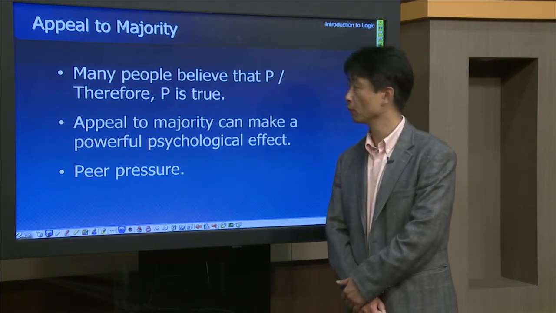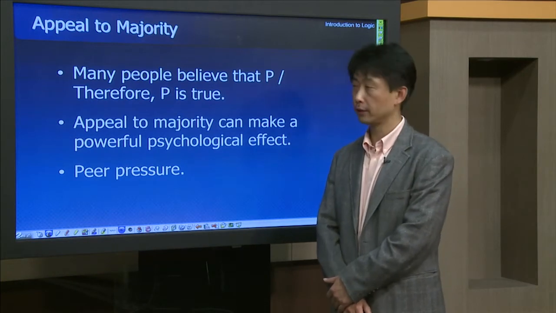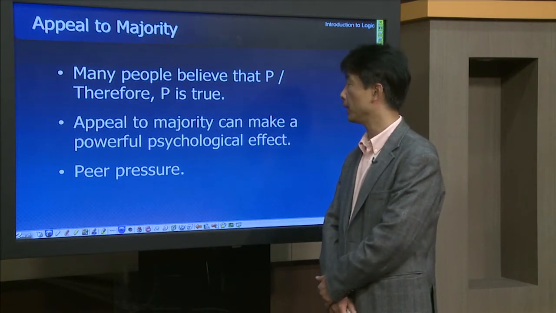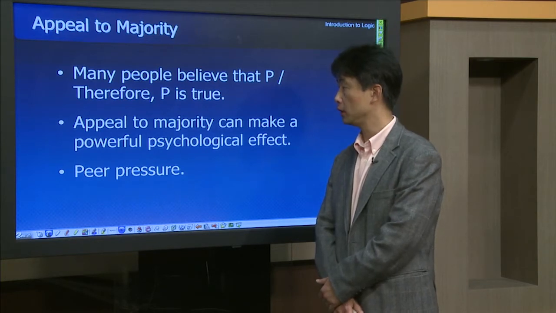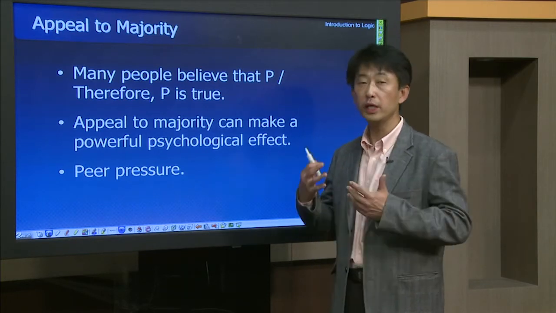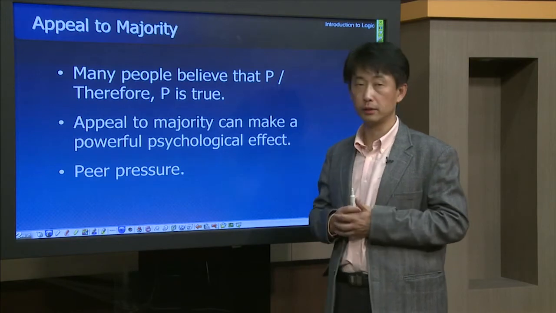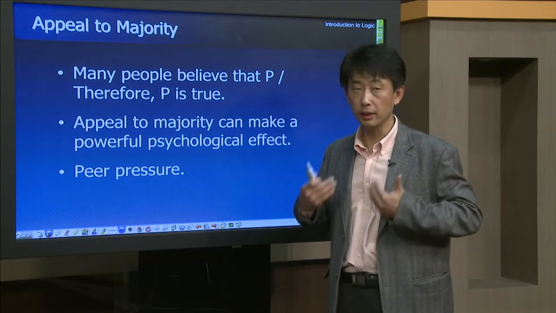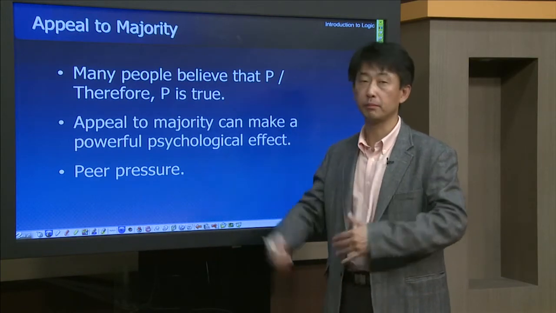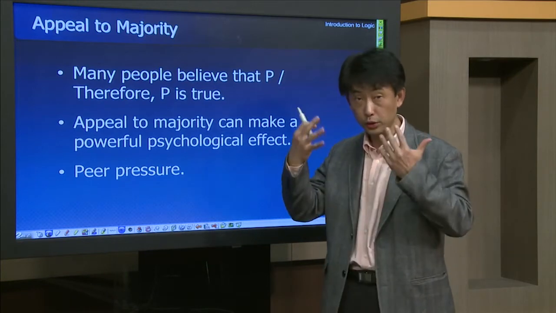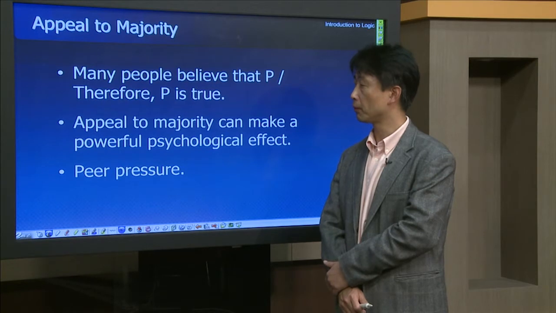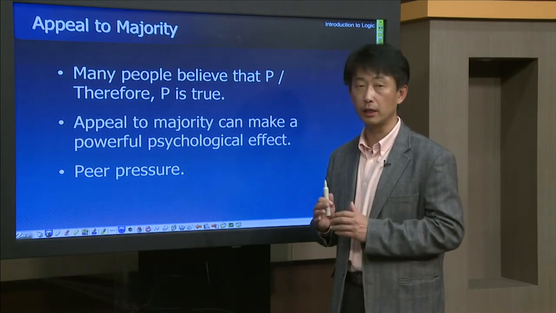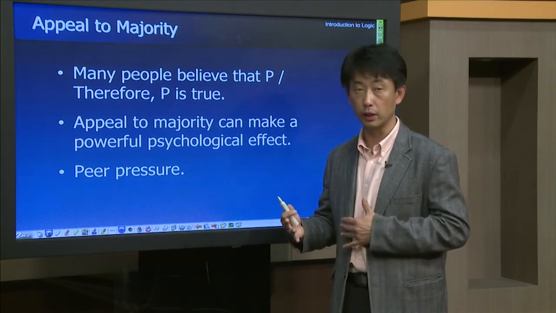That is, even though we know that just because many people believe that P, it doesn't necessarily follow that P is true, when we hear this argument, we tend to accept that P is true. Psychologically, the fact that many people believe that P has a very powerful influence on us. Okay?